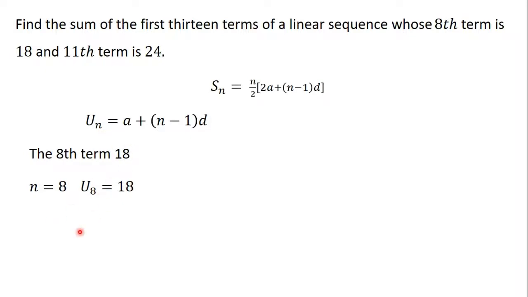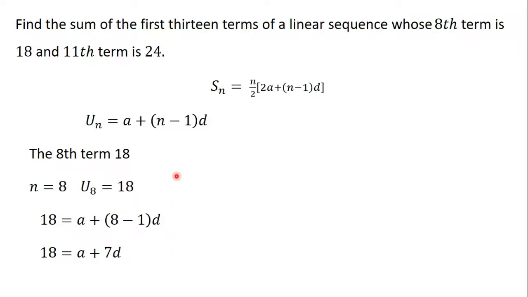From the formula, U8 is equal to a plus 8 minus 1 times d. But we already know that U8 is equal to 18. So 18 is equal to a plus 8 minus 1 times d. 8 minus 1 is 7, so 18 is equal to a plus 7d. This is the first equation.